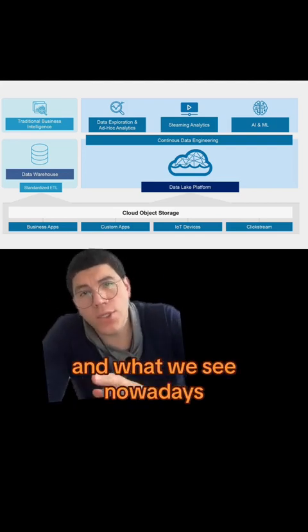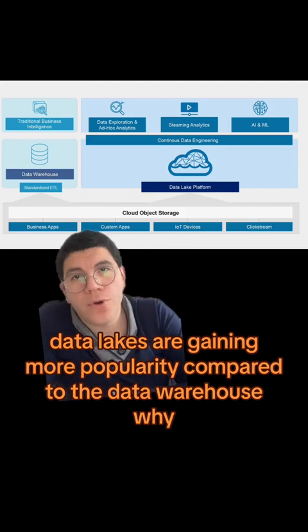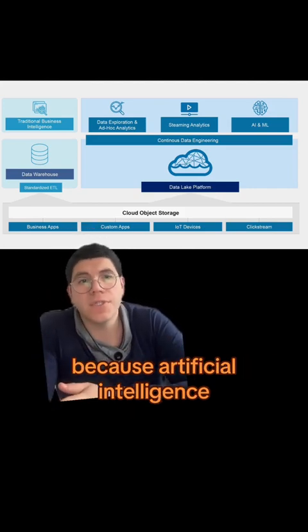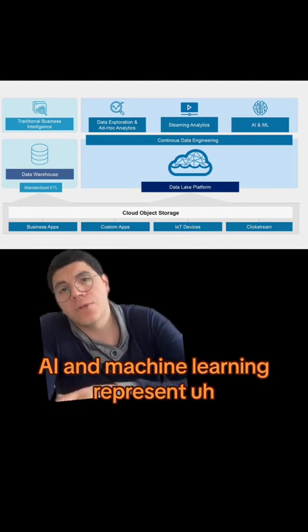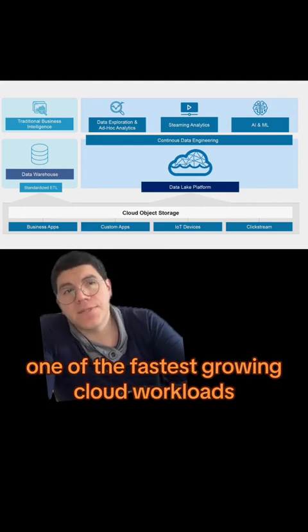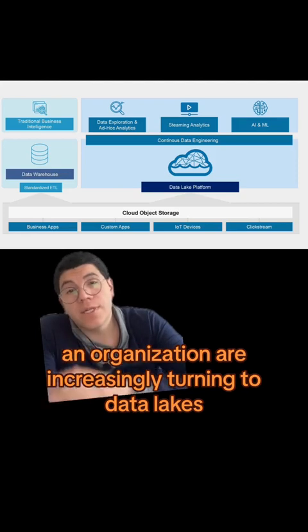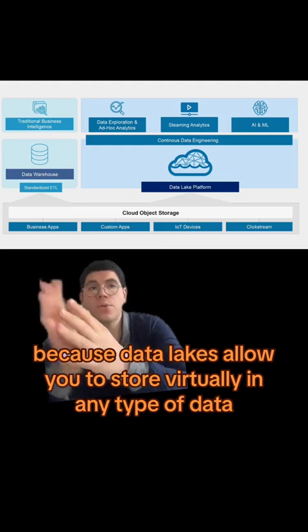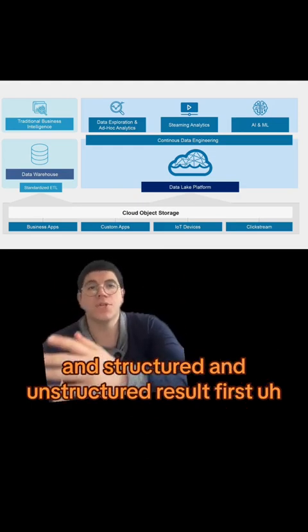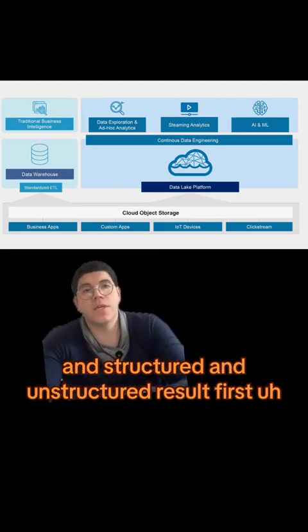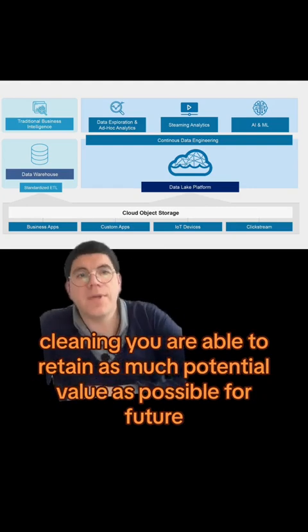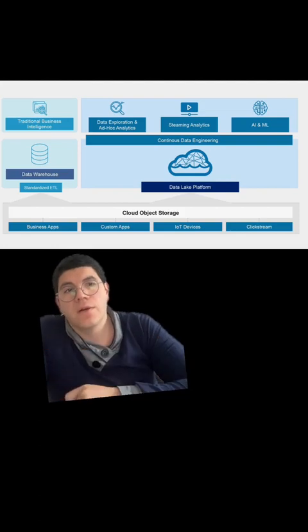What we see nowadays is that data lakes are gaining more popularity compared to the data warehouse. Why? Because artificial intelligence and machine learning represent one of the fastest growing cloud workloads, and organizations are increasingly turning to data lakes to help ensure the success of these projects. Because data lakes allow you to store virtually any type of data, structured and unstructured, without first cleaning it, you are able to retain as much potential value as possible for future, unspecified use.